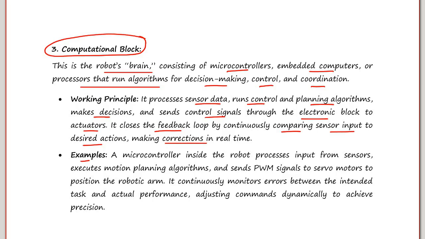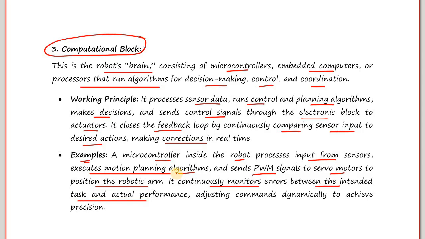Okay. Now, to further illustrate, let us look at an example of a microcontroller which is inside a robot. Now, what it does, it processes input from sensors, then executes motion planning algorithms, okay, and sends the pulse width modulated signals to servo motors to position the robotic arm. Now, the thing is that it continuously monitors errors between the intended task and the actual performance.